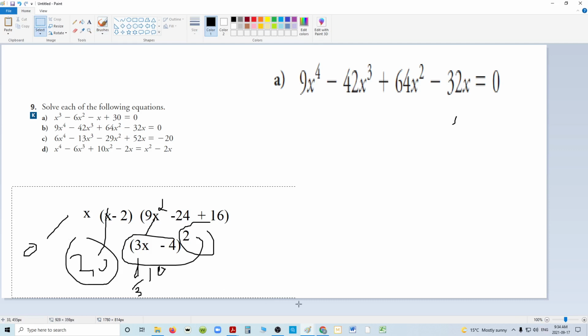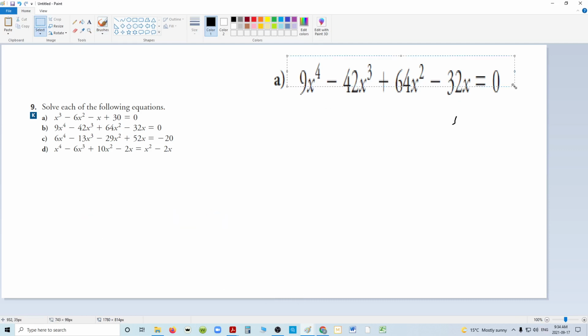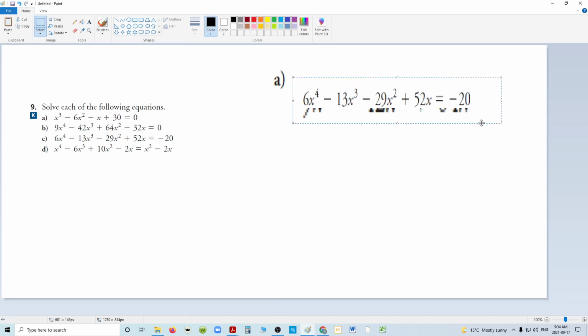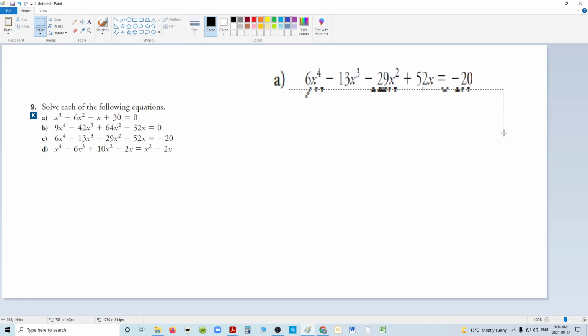Okay, next one. This one you have to put everything to the same side. So it's not minus 20. You put this minus to the other side, and it becomes plus 20.